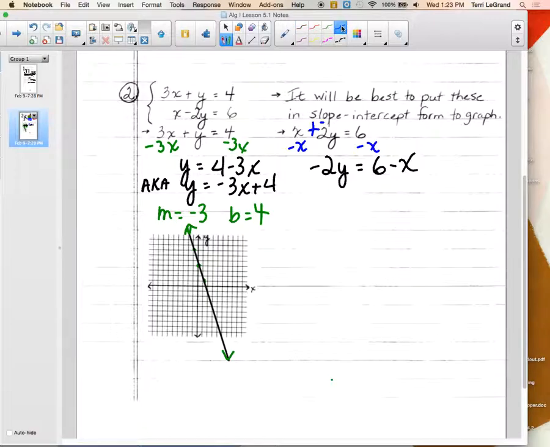Again, I'm going to suggest that we change this subtraction to add the opposite, so minus x plus a negative x. Trust me, it's going to go a whole lot better for most of you. And then we will say, okay, now what do I have to do to every piece of this equation? Divide by negative 2.